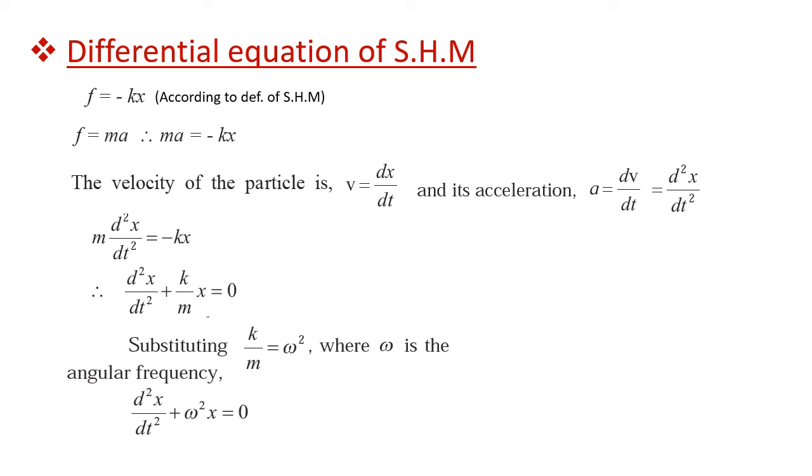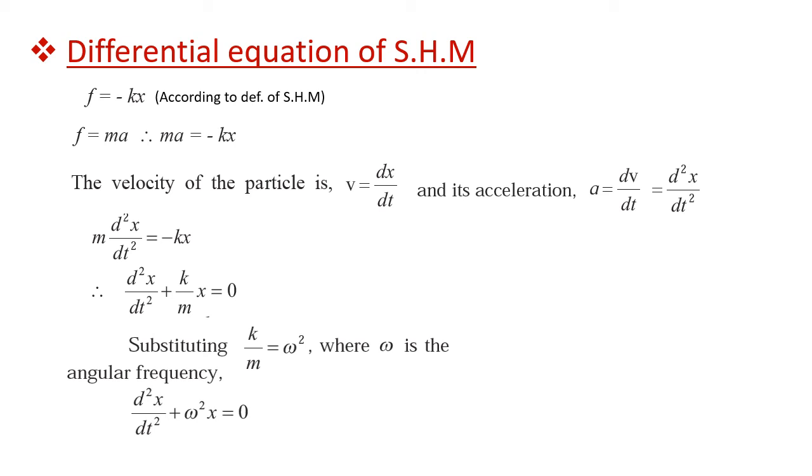But from Newton's second law, we are aware that force exerted is equal to the product of mass and acceleration. So if you compare these two equations, we can write ma is equal to minus kx. Here m is the mass of the particle, and a is the acceleration possessed by the particle performing the motion.